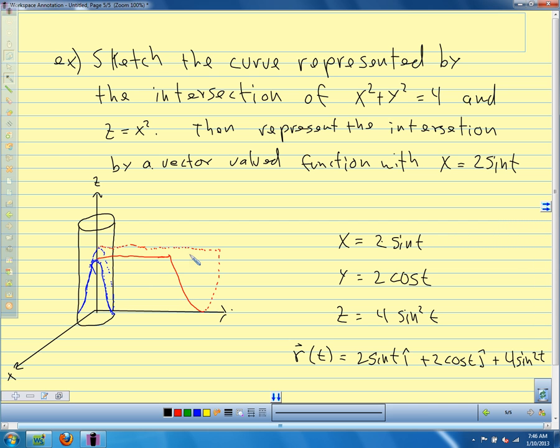So it's going to satisfy both of those at the same time, and that's the intersection: what satisfies both of those conditions at the same time.